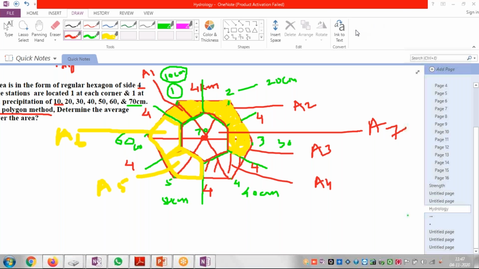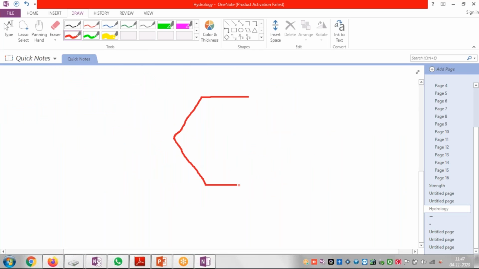Okay, now see, we want to know how we will calculate this area. So if I draw the diagram again, it will look like this, right? And here, exactly at the center, there is a rain gauge station.